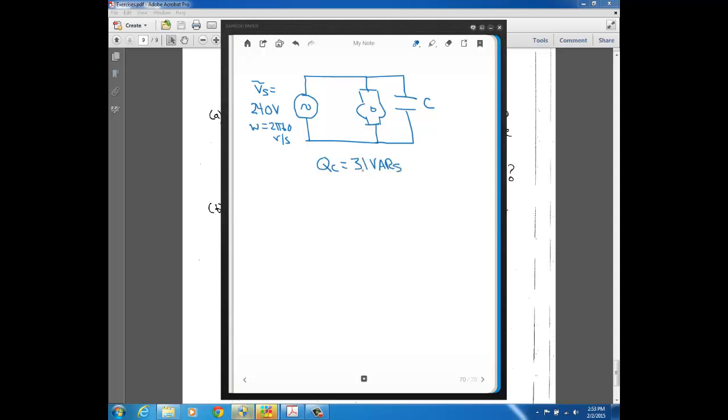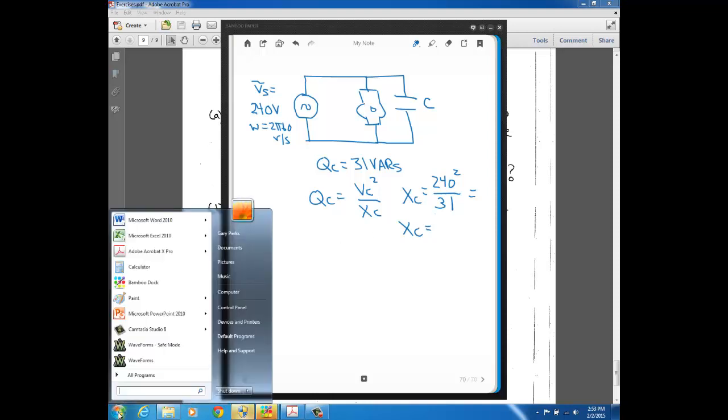So to get that capacitor value, we know that QC is equal to VC squared over XC, right? So we can solve for XC. It's just going to be 240 squared over 31. So XC comes out to, let's see, I don't think I actually wrote down the XC, but we can calculate it real quick here.